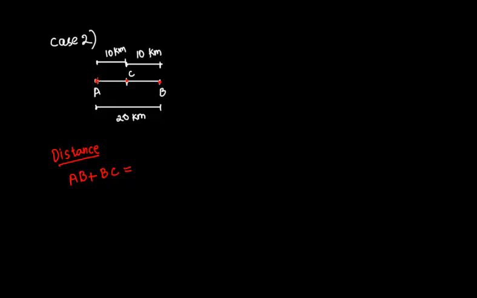The total distance traveled by the body from traveling A to B to C will be AB plus BC. So AB plus BC. What is AB? AB is 20 kilometers and BC is 10 kilometers. So the total would be 30 kilometers.